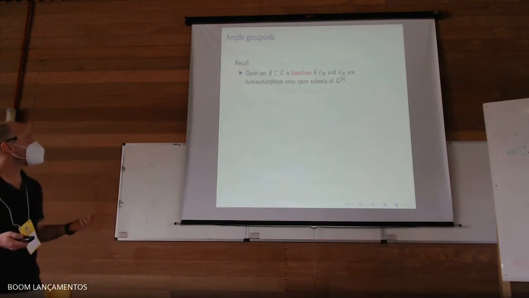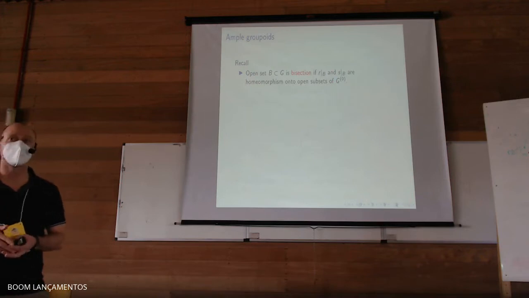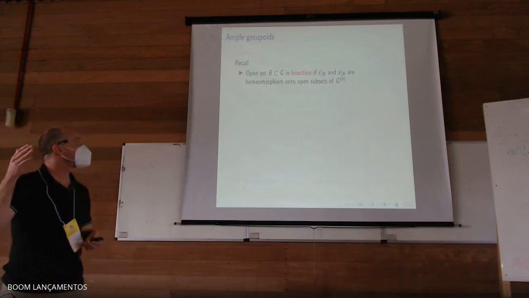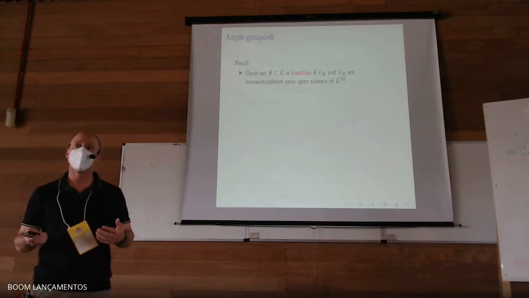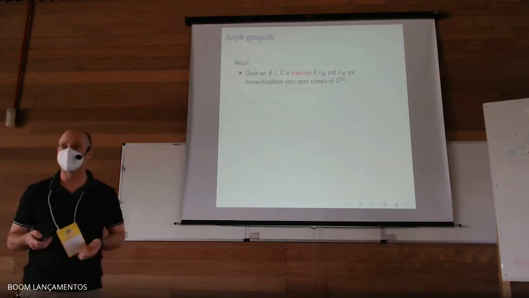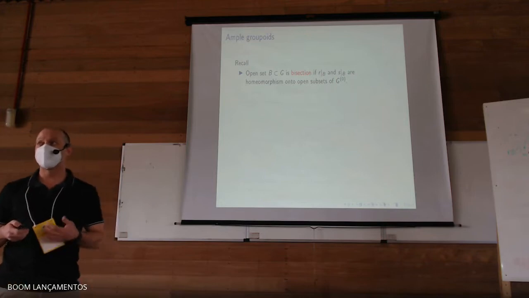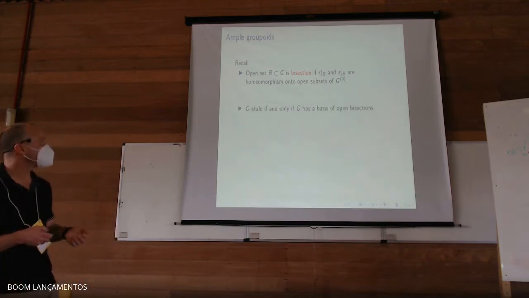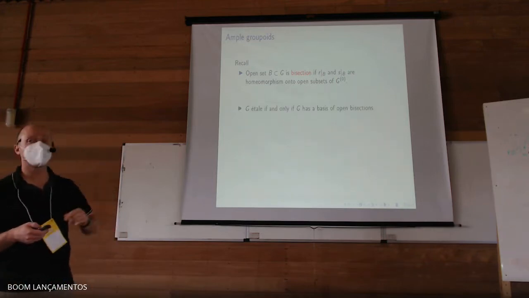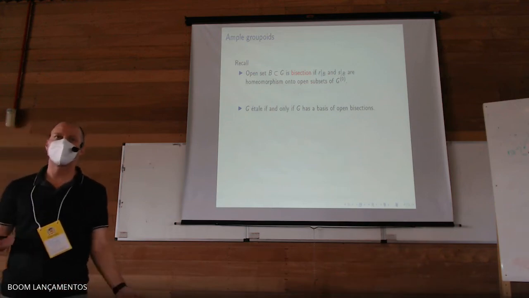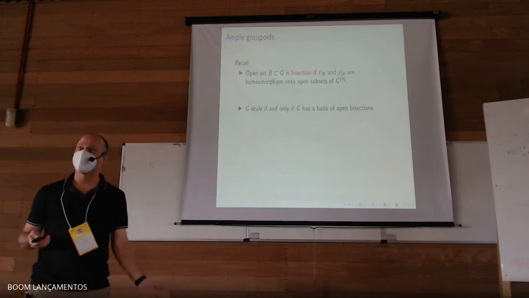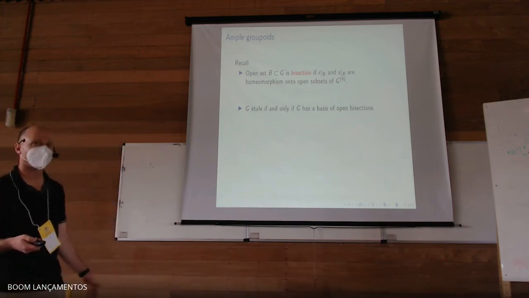So an open set in G is a bisection if whenever we restrict the range and source maps to it, they are homeomorphisms onto open subsets of the unit space. And if the groupoid has a basis of such open bisections, then the groupoid is étale. So that's one of the equivalent conditions for a groupoid to be étale.